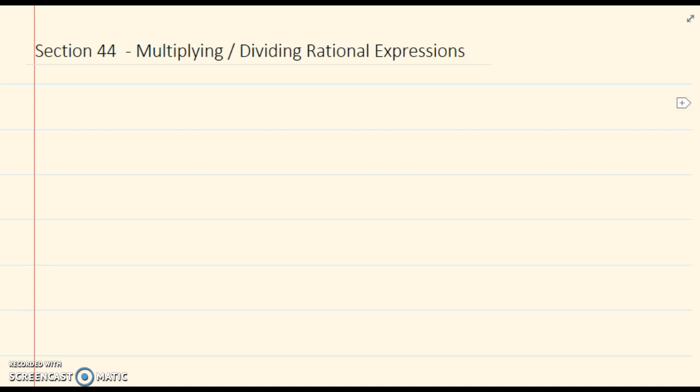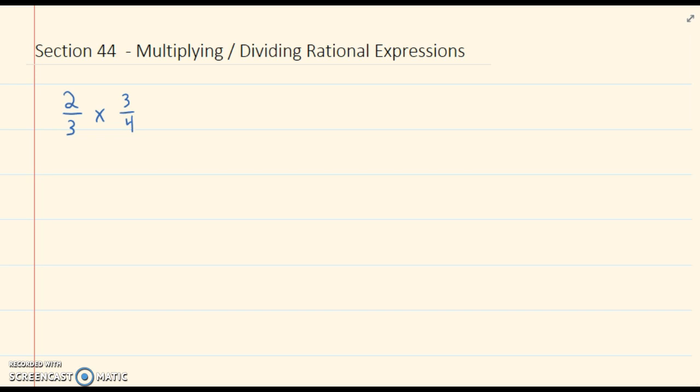Now, the good news is that when we're looking at multiplication and division of rational expressions, it very much follows the rules of multiplying and dividing fractions. So when I had something like 2/3 times 3/4, my goal to multiply the fractions is to get it down to one fraction so they're both together, but simplified.